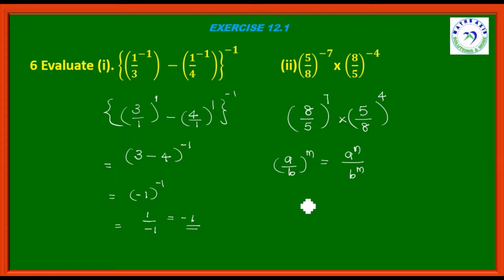So by using this law, this we can write as 8 power 7 by 5 power 7 into 5 raised to 4 divided by 8 raised to 4.